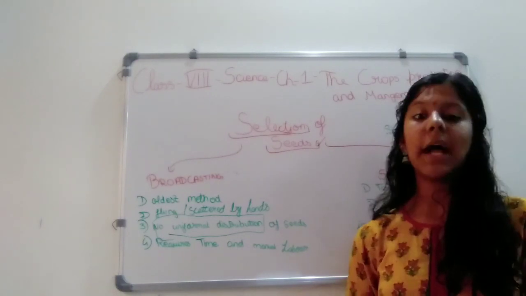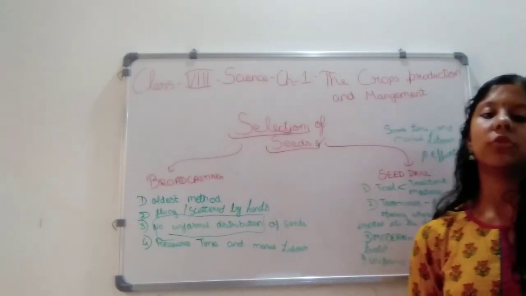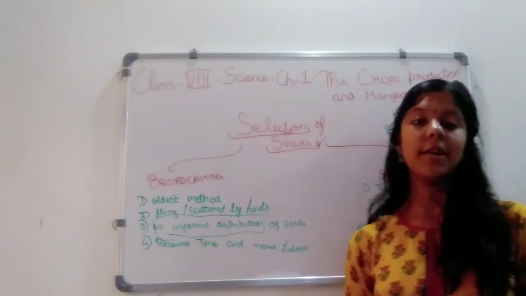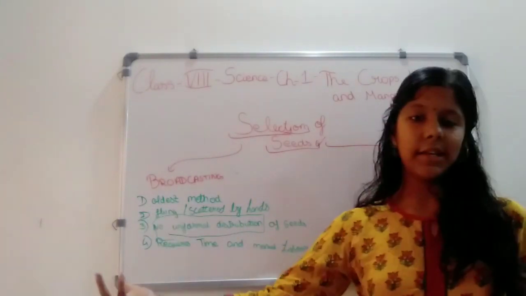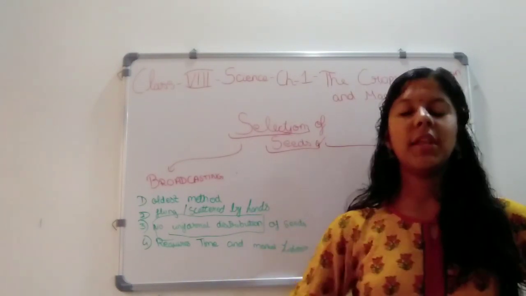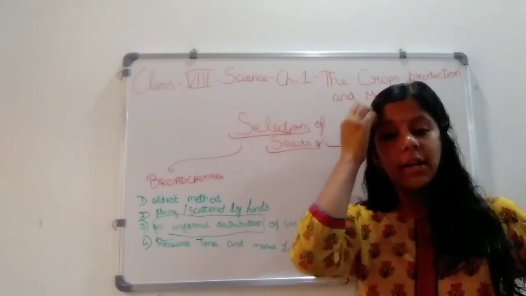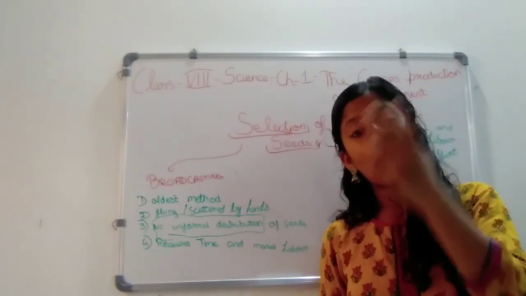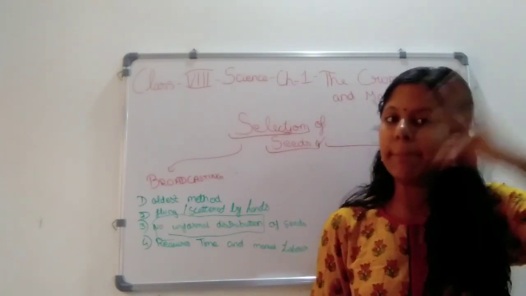And there is another problem with the broadcasting method: if I do it like this, the seeds will only fall on the upper part of the soil. They are also spotted and eaten by birds.